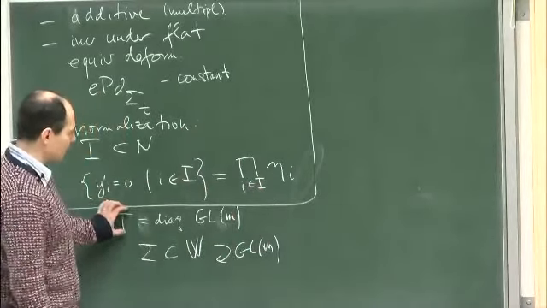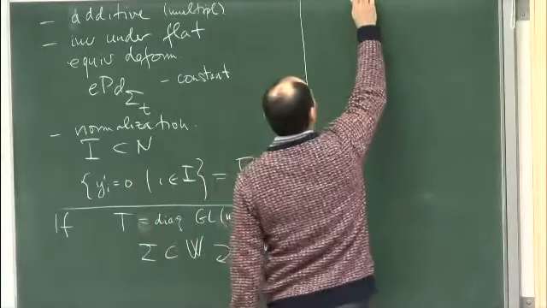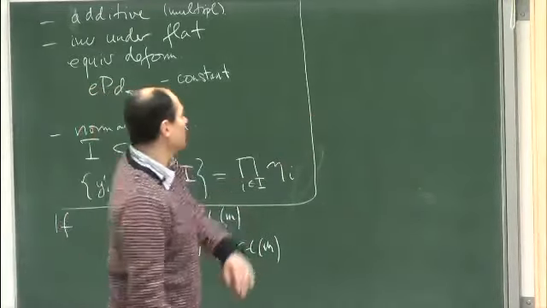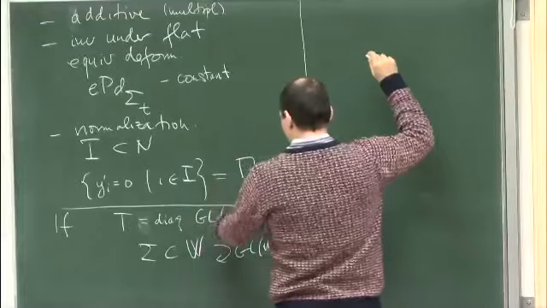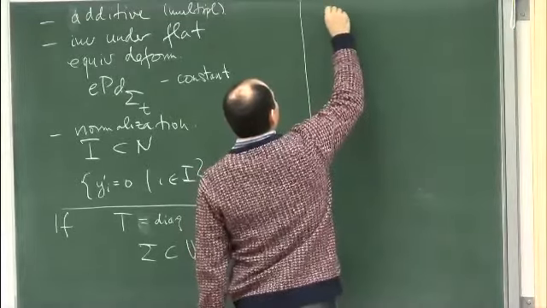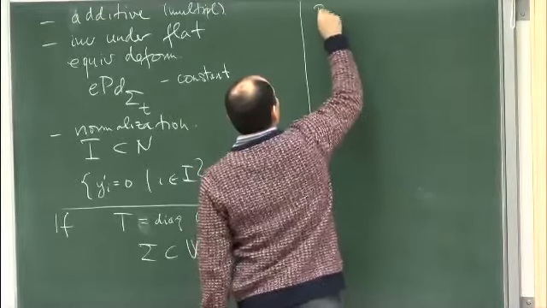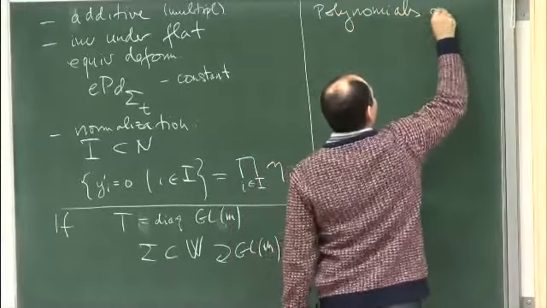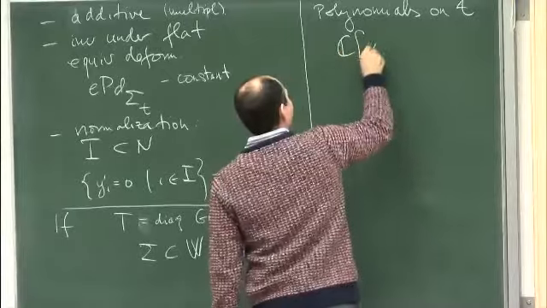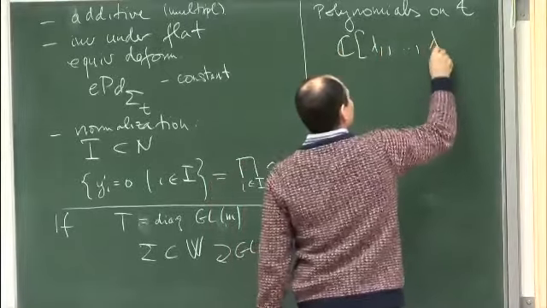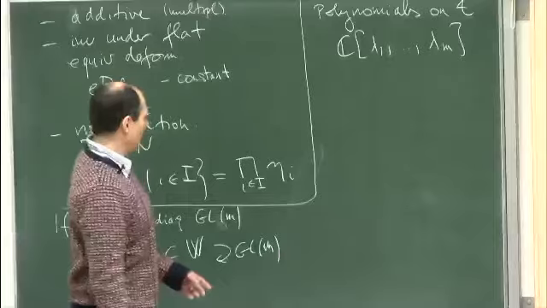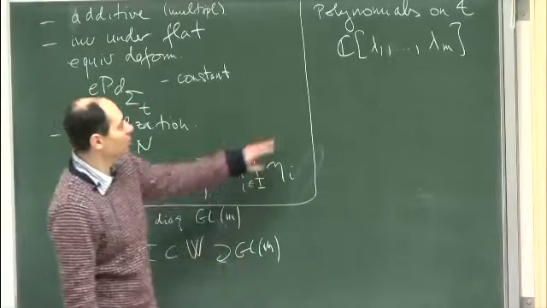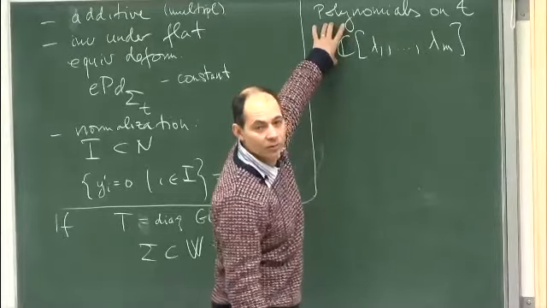So the action extends from the torus to a non-commutative group. Well, still the torus does act, so this invariance still applies, right? So then, since I have a canonical basis, I can write the polynomials on T as just a polynomial in the M diagonal weights, the weights which are in the diagonal of the matrix, right? So this will be just a polynomial ring. So we're looking at a polynomial in this ring.